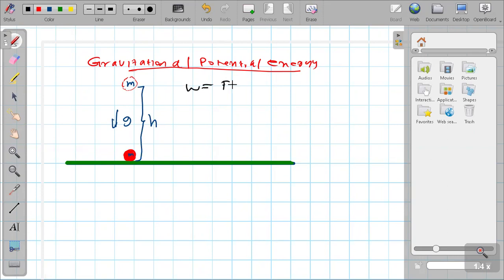Work is equal to force into distance. So the gravitational potential energy should be equal to force, which is mg downward. You do a work against this weight. So mg into height. So it is mgh.